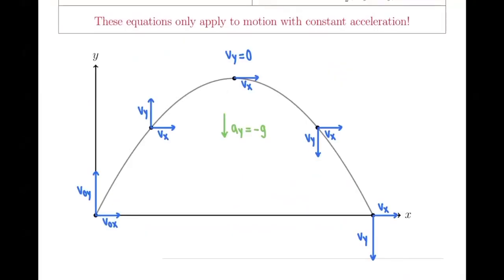I drew the x and y components of the velocity, but what's the actual velocity vector going to look like? How would I figure out what the velocity vector is if I have the x and y components? The velocity vector at any point is vx i hat plus vy j hat.